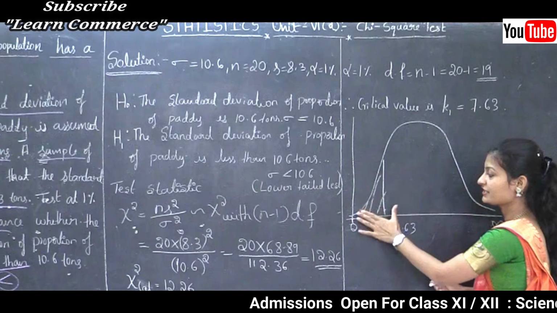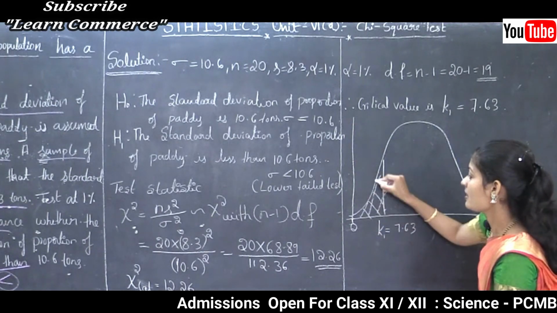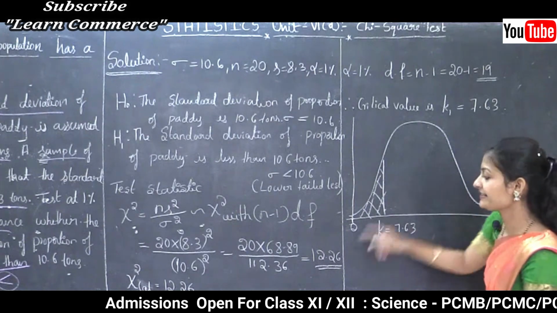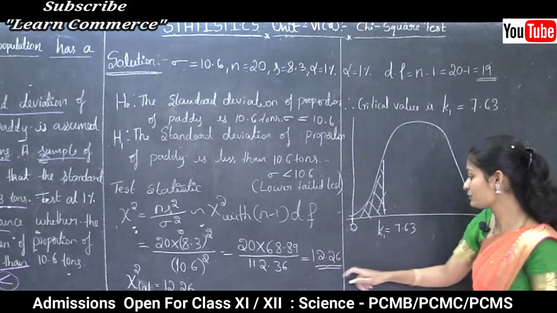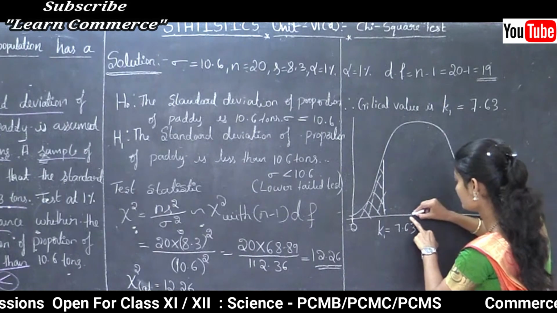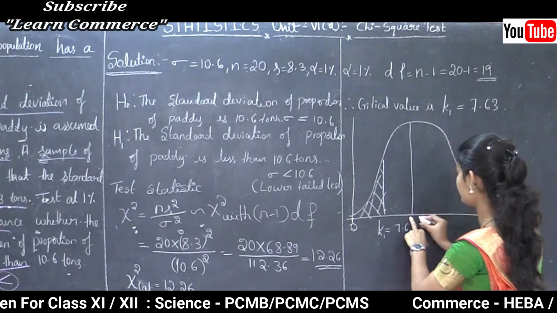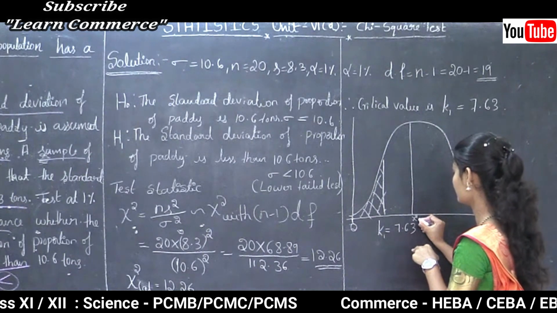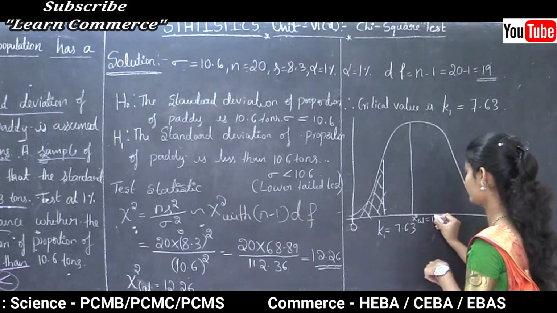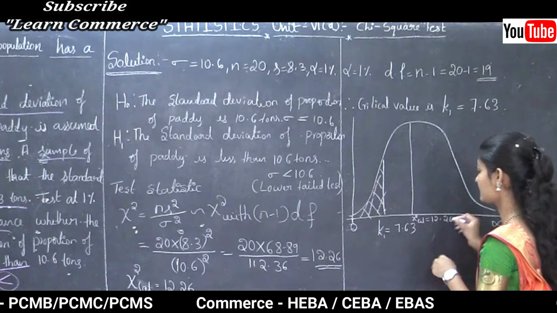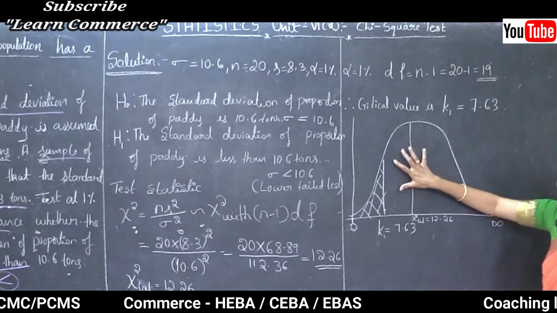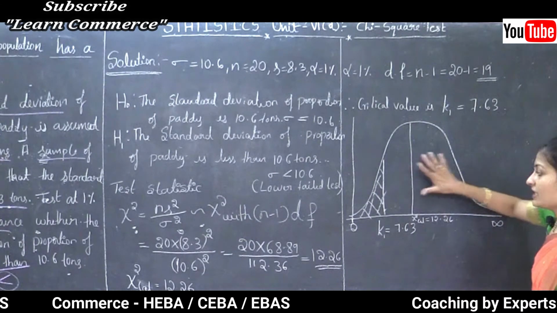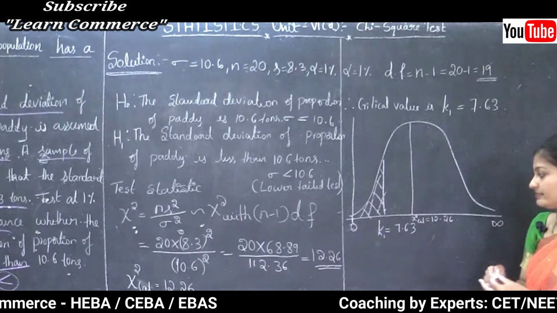This is the rejection region and this is the acceptance region, and the calculated value 12.26 comes here. This calculated value lies in the acceptance region, therefore H0 is accepted.